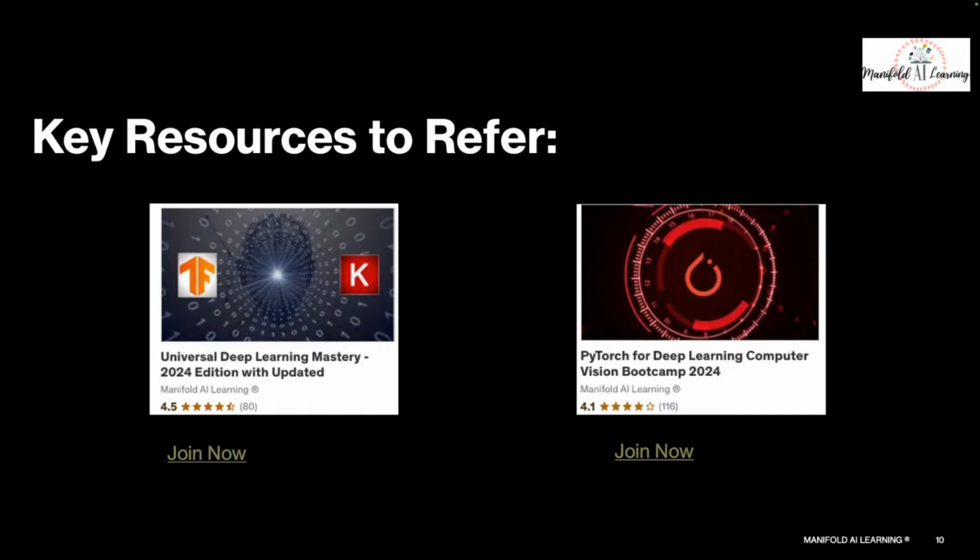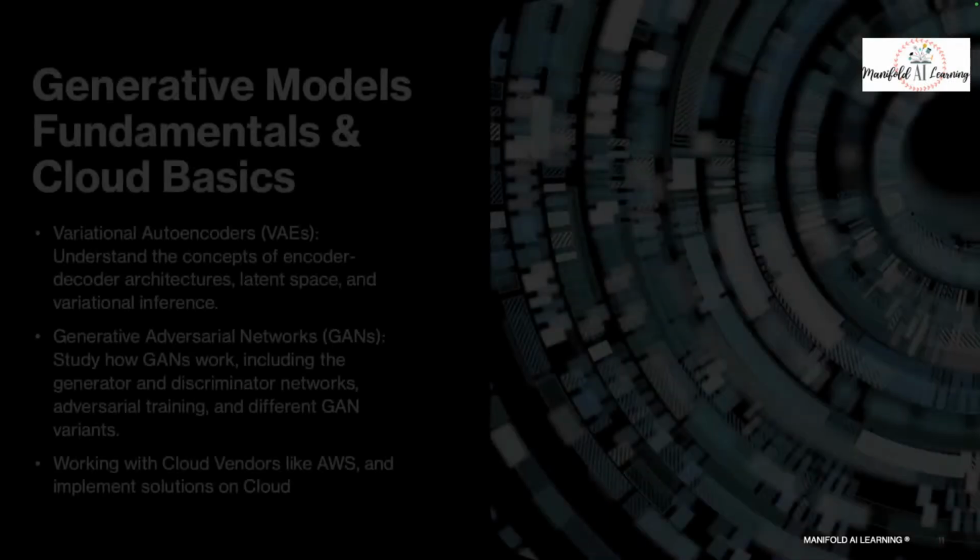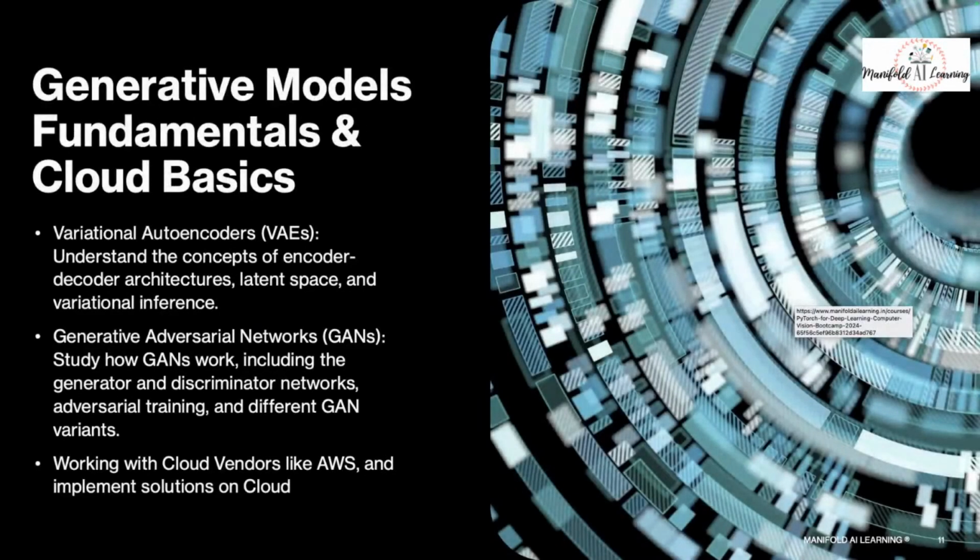Okay, first we will understand the various aspects that you have to prepare. Then, once you have learned about it, the other core concepts that you have to learn are the generative models, fundamentals, and the basics of cloud computing.